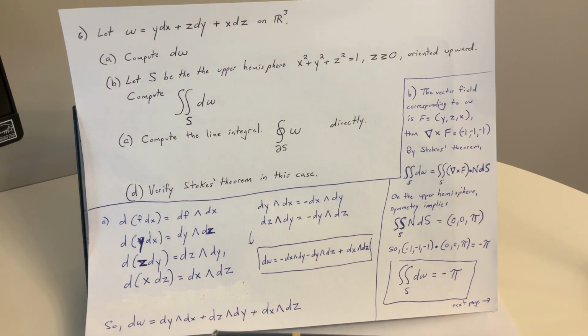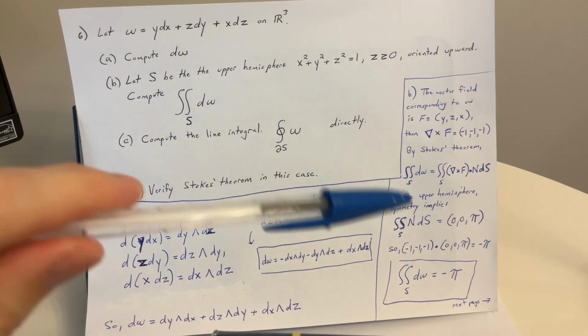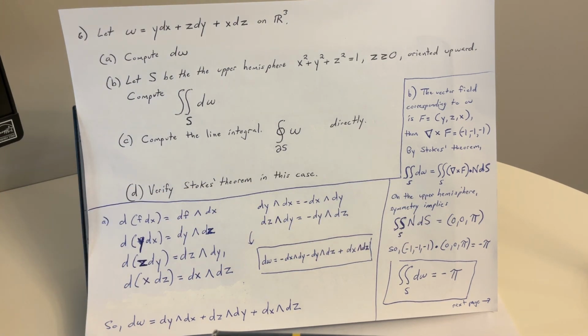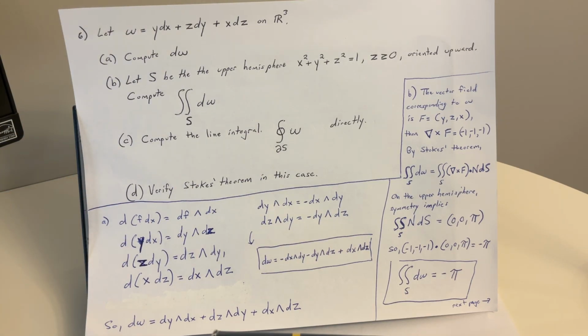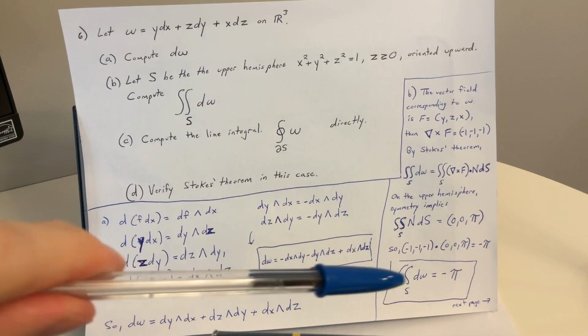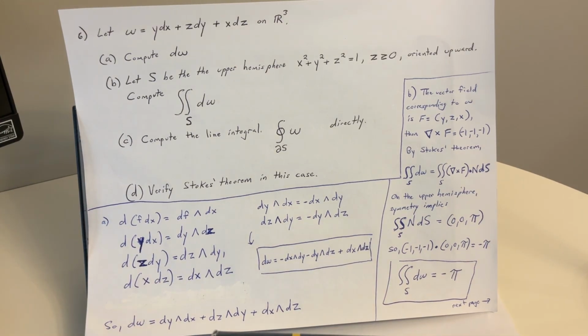So on the upper hemisphere, symmetry implies that this integral here, N dS, equals (0, 0, pi). So the point (-1, -1, -1) dotted with (0, 0, pi) is negative pi. So this integral is negative pi.